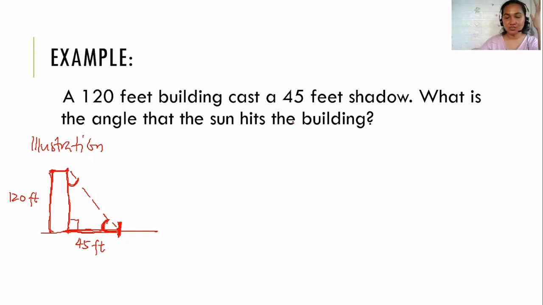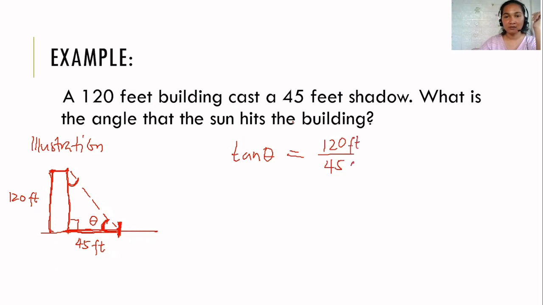We can use the tangent function if you let this angle be theta, the angle that we're looking for. Therefore, tangent theta is equal to the opposite over the adjacent, that is 120 over 45 feet.